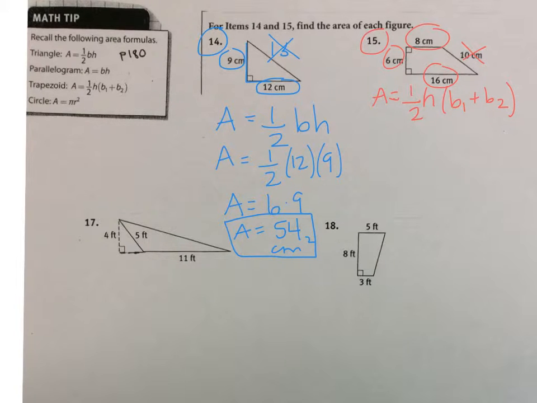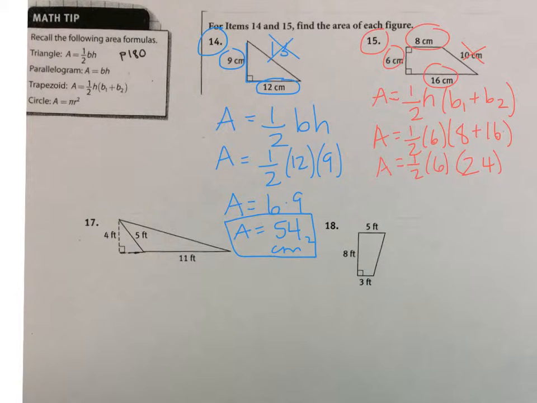So you would do area equals 1/2, the height is 6, times base 1 plus base 2, 8 plus 16, doesn't matter which is which when you add them. You get the same thing either way, 8 plus 16 or 16 plus 8. Either way, that's 24. You still have your 6. And at this point, you can do the same thing I did with the triangle, and you can do it whatever order.